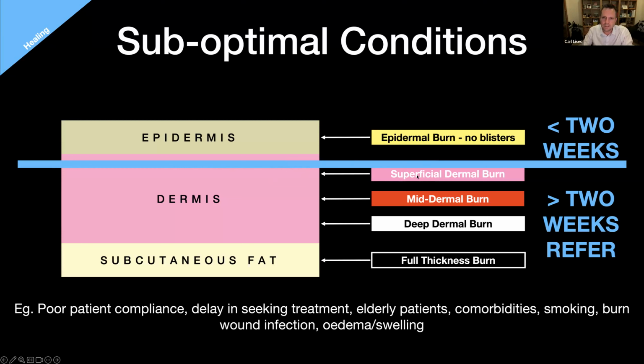And suddenly, superficial dermal burns, which would normally heal within 2 weeks, in these sort of situations are going to take longer than 2 weeks to heal. And we often see burn wound progression. So if you've got any sort of complicated patients, again, with all those things down the bottom there, these are probably ones that you need to speak to us about.